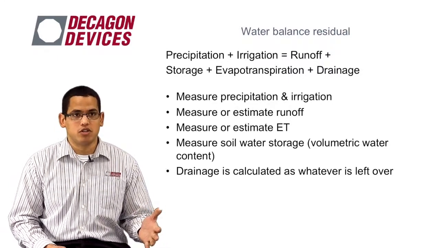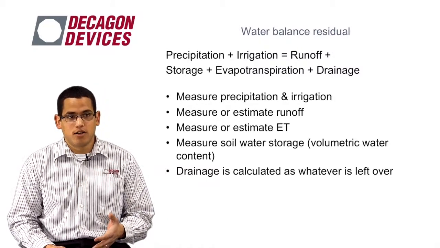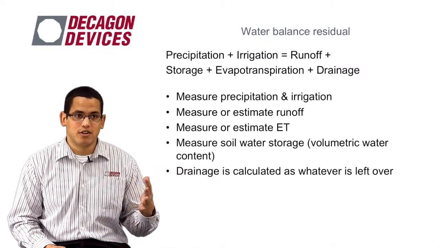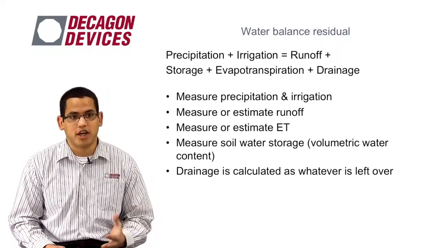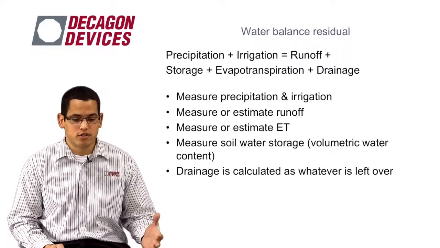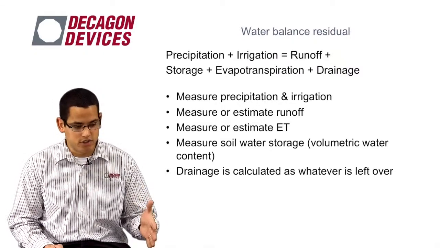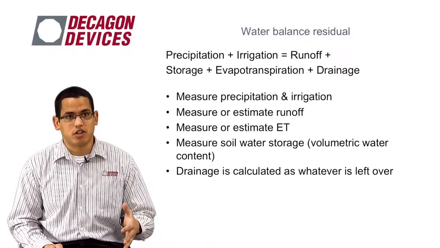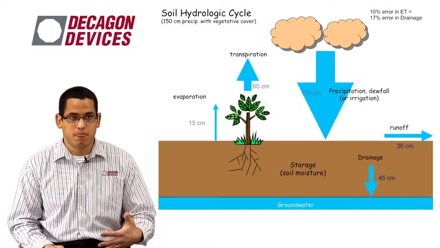And then by doing this, you're back calculating drainage. This is a really complex method because there are so many measurements that you have to take and you have to make them accurately. If you have any small errors in those measurements, that can result in a large error in the drainage measurement.